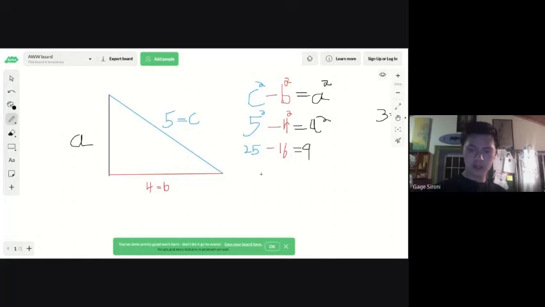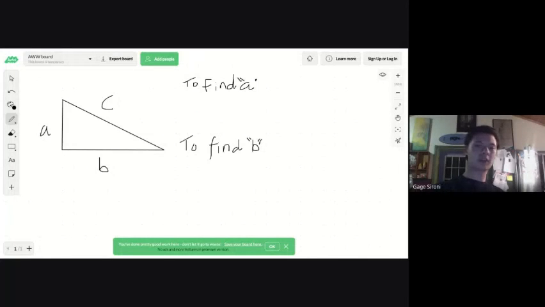Then we take the square root of 9, and we end at 3. So A equals 3.